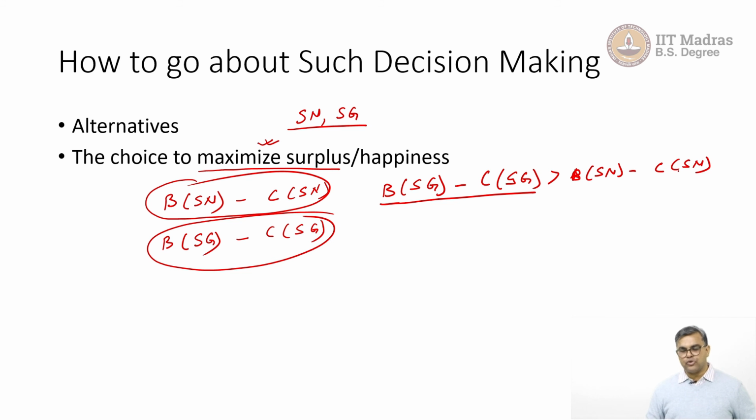This is benefit, this is cost. And the cost in both cases is the same, because if you were not given the ticket, it does not matter how much you can sell it for. In both cases, if you had to buy a ticket, you had to pay 7,500 rupees.